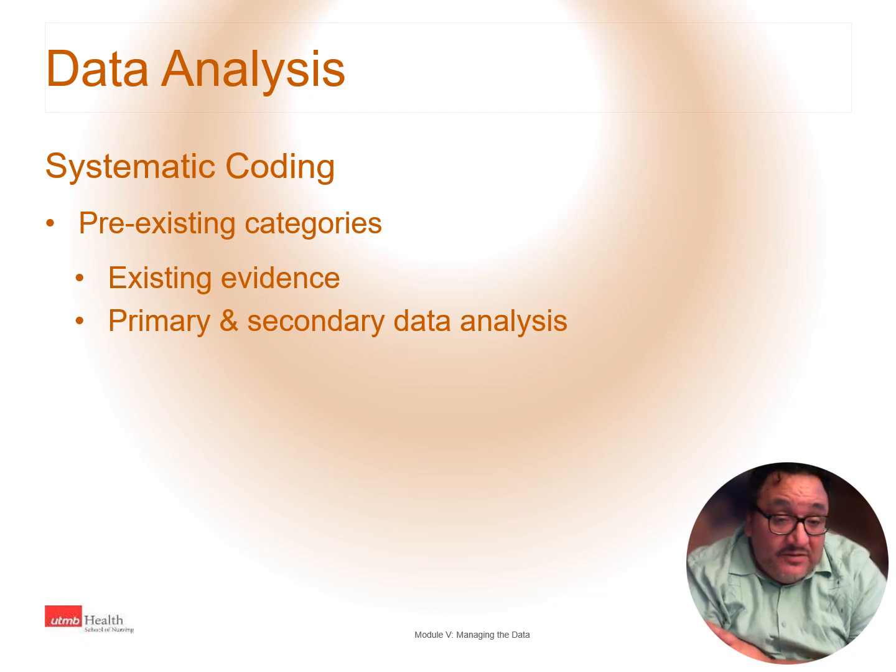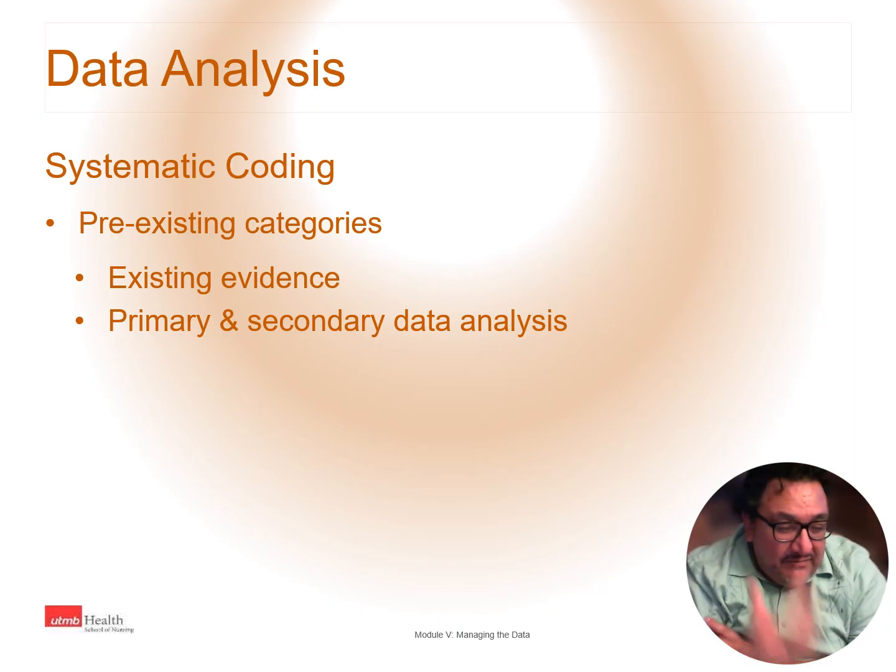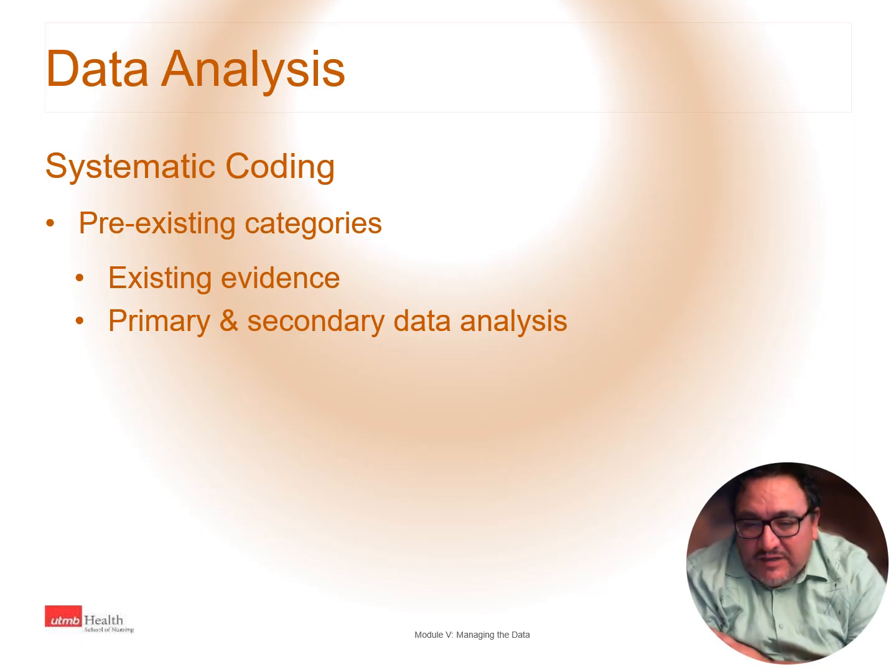It could also be a process, especially for those of you who work with data that's already been collected and you're doing a secondary data analysis. Sometimes you're limited to using the code categories that were already used before, but you're just using them in a different way.